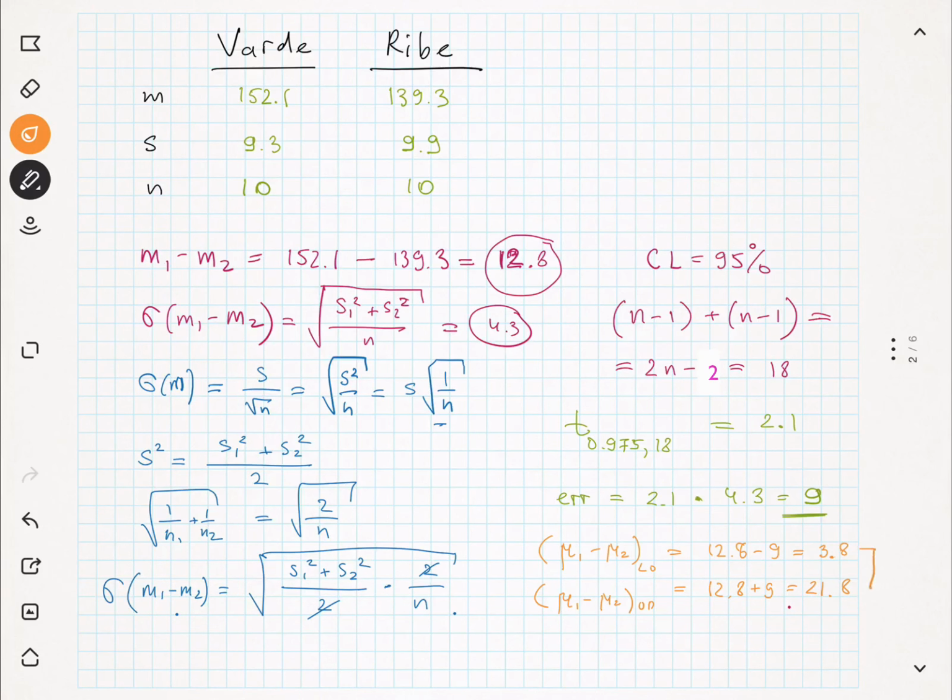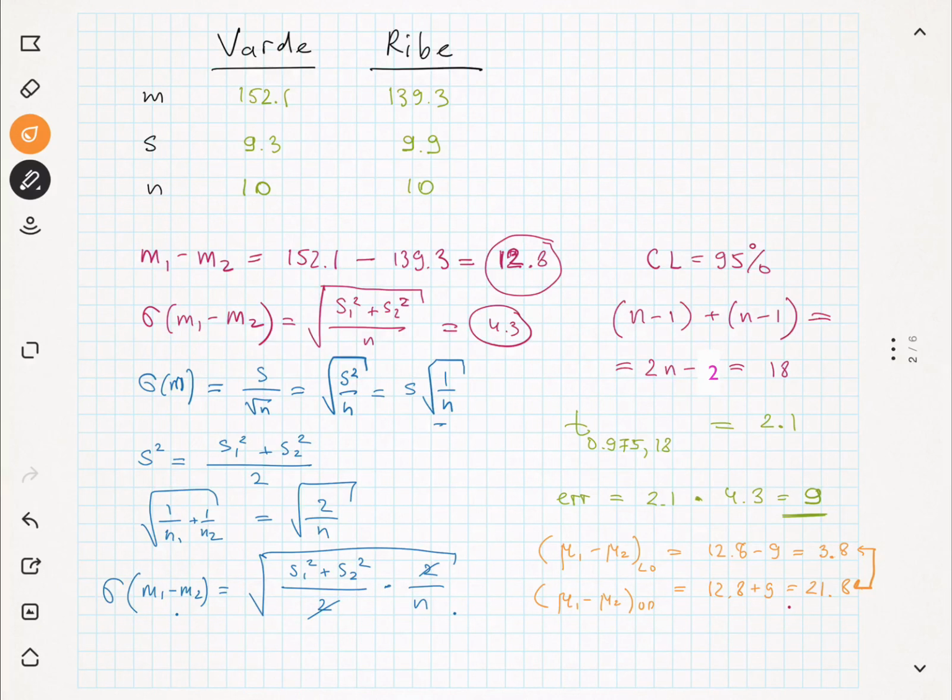So this is the confidence interval for the difference of average chloride content in the rivers. And it tells you that it seems like average chloride content in Wada is larger than average chloride content in Ribe. How big is the difference? Well, at least 3.8 milligrams per liter with 95% confidence. Maybe up to 21, we don't know, but at least 3.8 milligrams per liter.